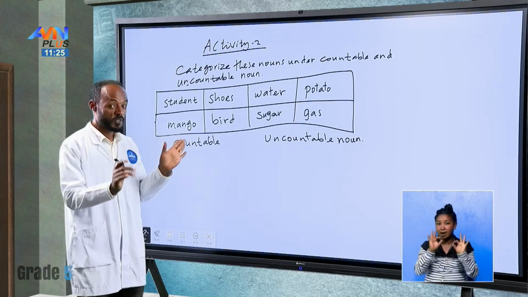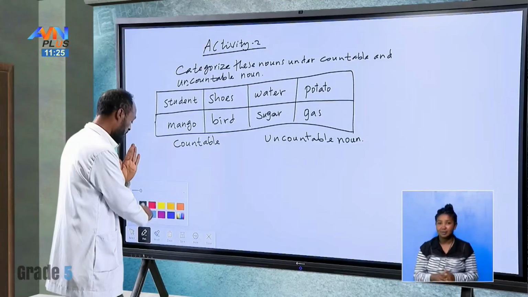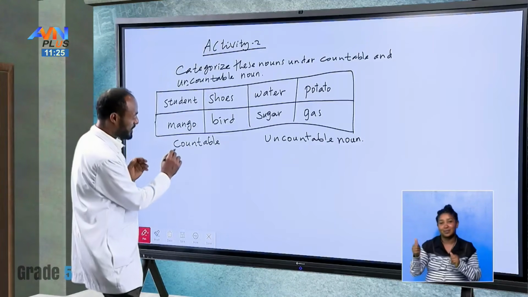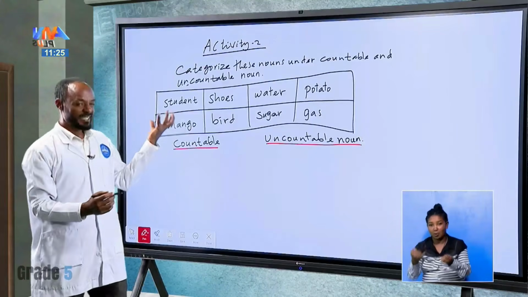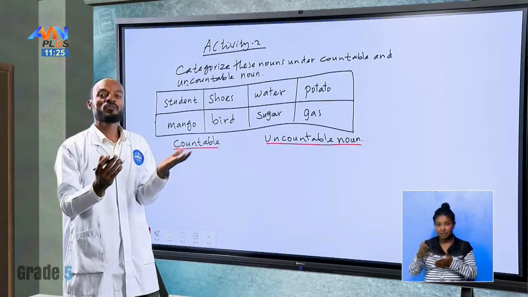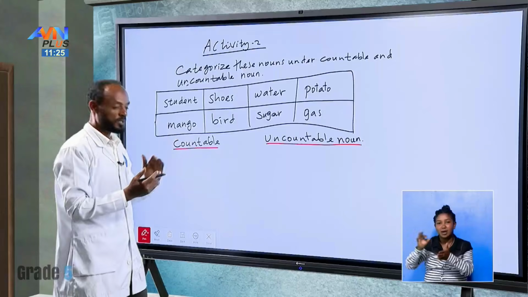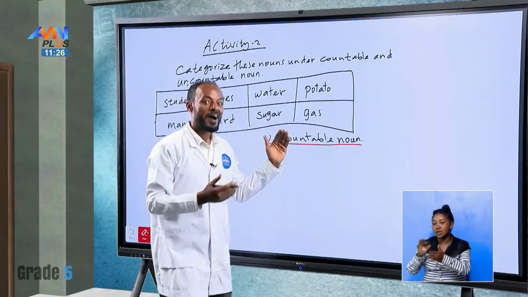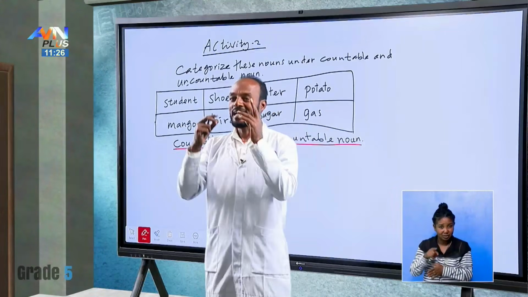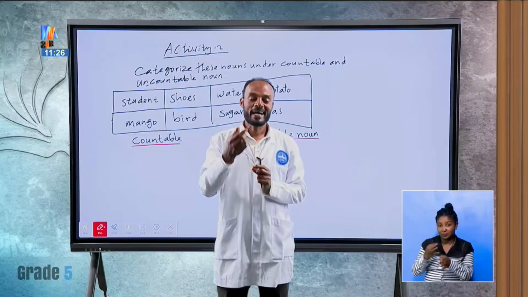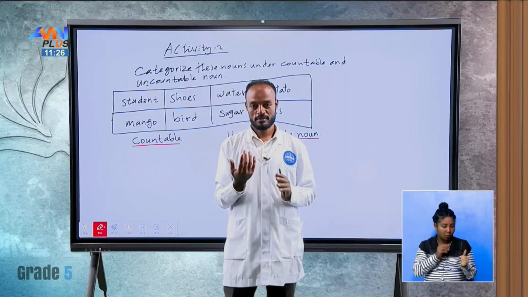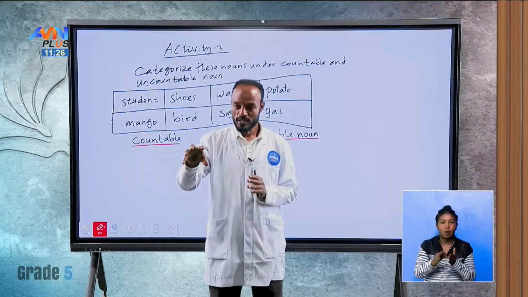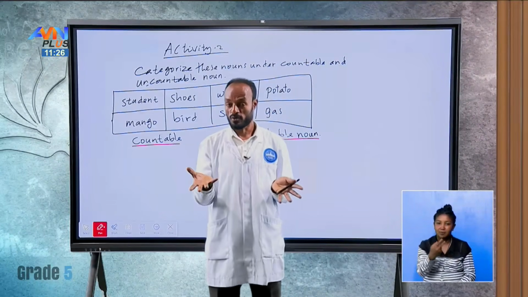Nice. I hope you have finished. Bravo, bravo. We're going to categorize them under this point. Among the given nouns, which one of them are countable, which one of them are uncountable? As we've said so far, countable means something which can be counted: one, two, three, and so forth.